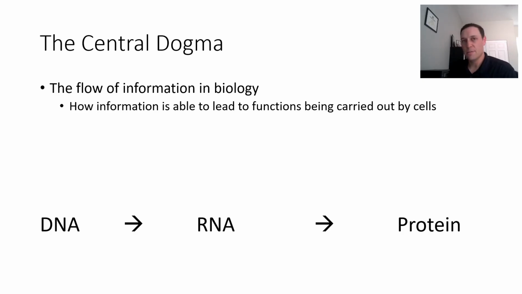And proteins are a macromolecule that we all make that are the doers in the cell. These are like little machines. They carry out the jobs that need to be carried out in order for the cell to accomplish the jobs that it needs to accomplish. And so how do we have this progression from information to actual physical function? This overall flow: DNA goes to RNA, goes to protein.